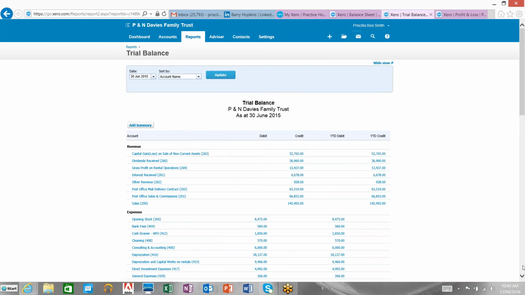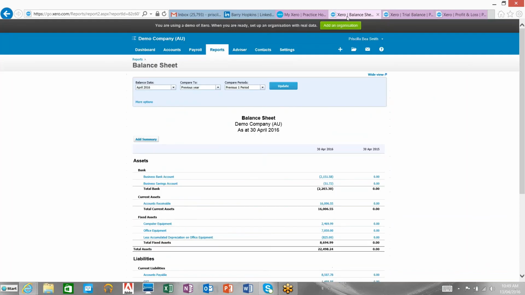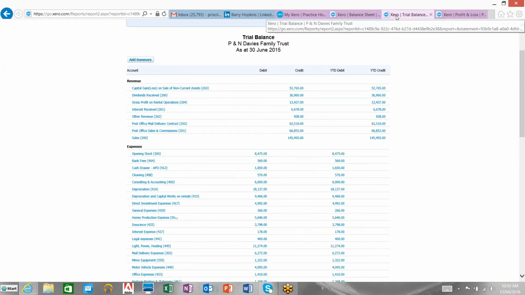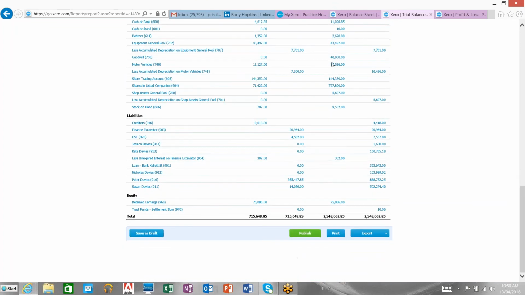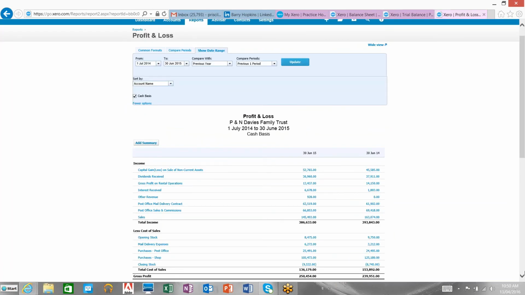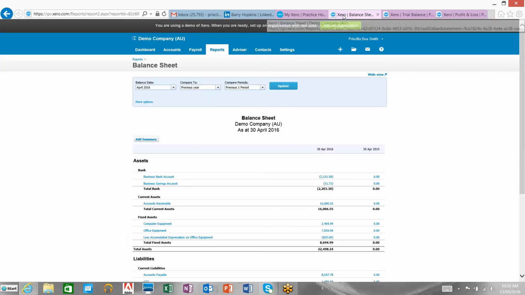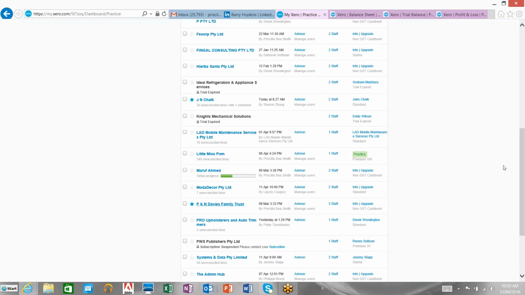So trial balance. We work with the trial balance, and the trial balance then is dissected into the balance sheet and the profit and loss. We are going to find the same figures here. Trial balance is a sum of all transactions which match. Profit and loss is financial performance; the balance sheet is financial position, how many assets and how many liabilities we got, and how they relate to each other.